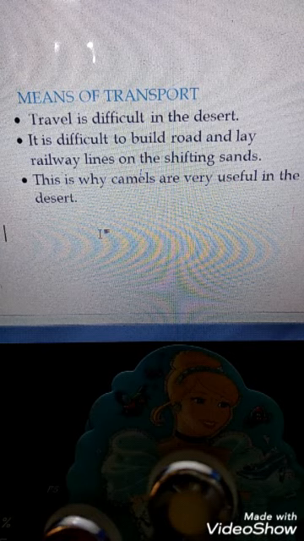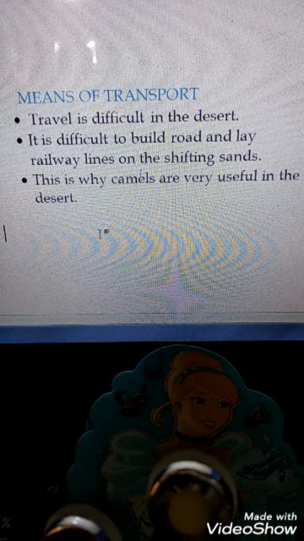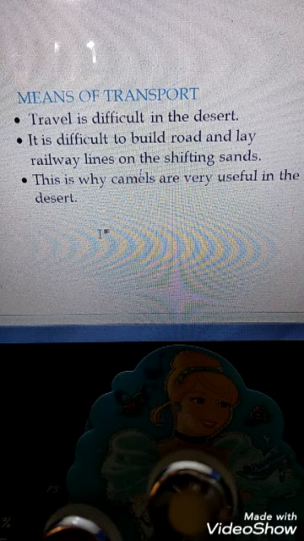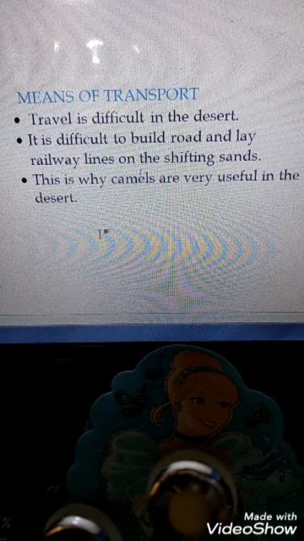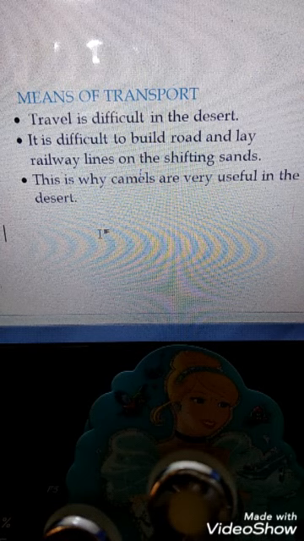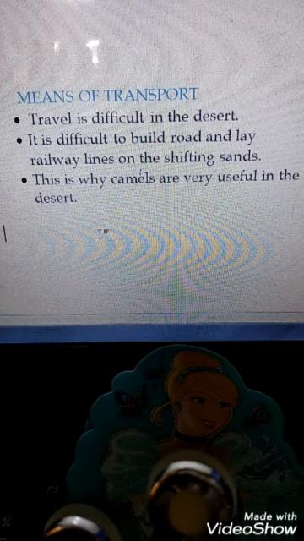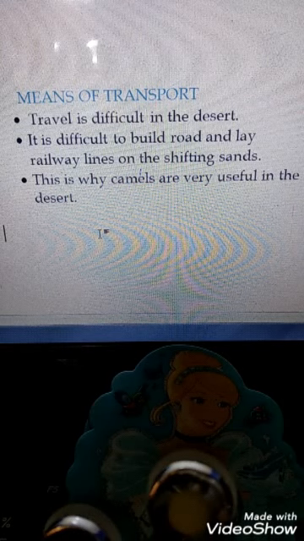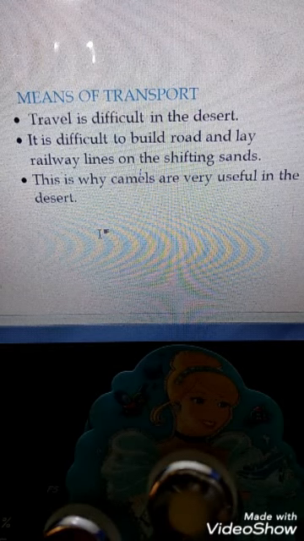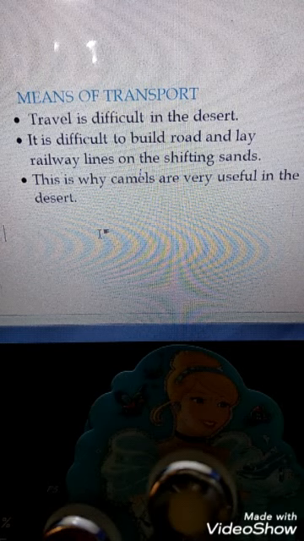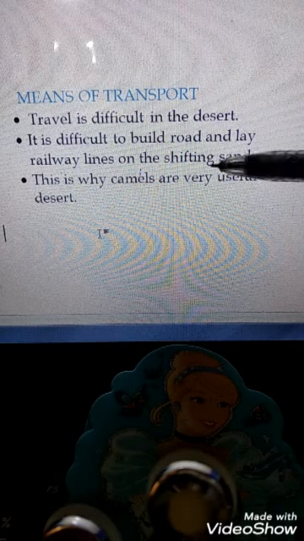But some areas, especially a few towns like Alwar, Bikaner and Jodhpur, can be reached by railways. So these important towns are joined with railway lines. So here the important means of transport is what?